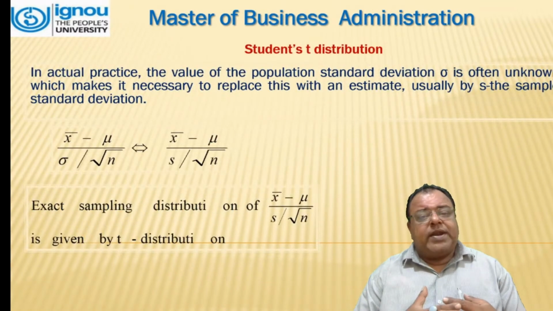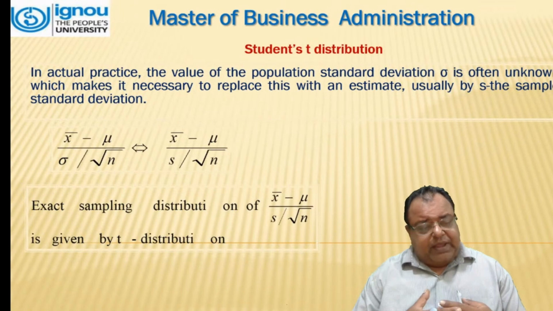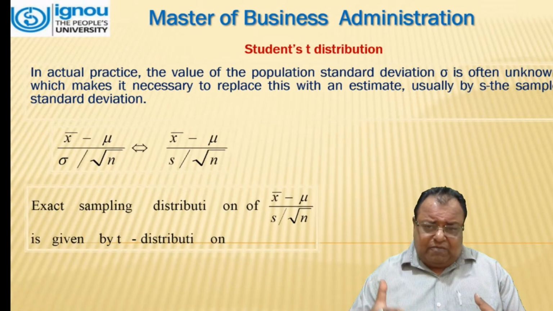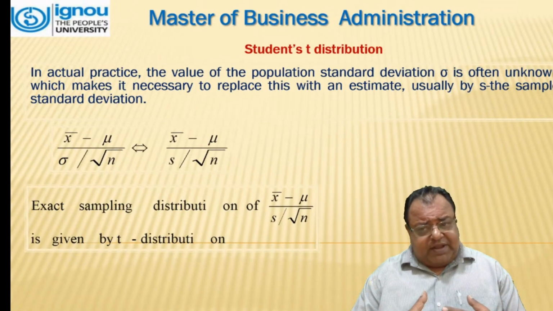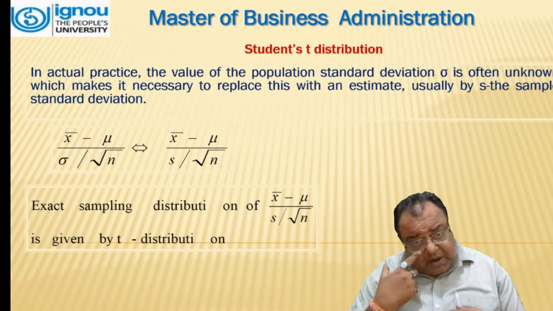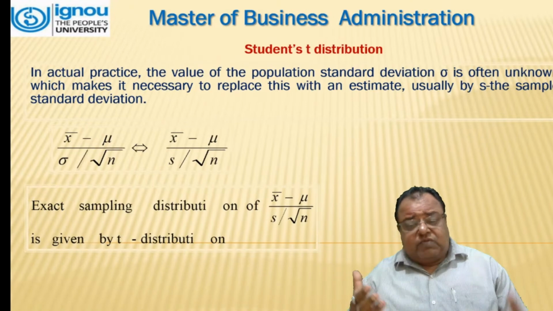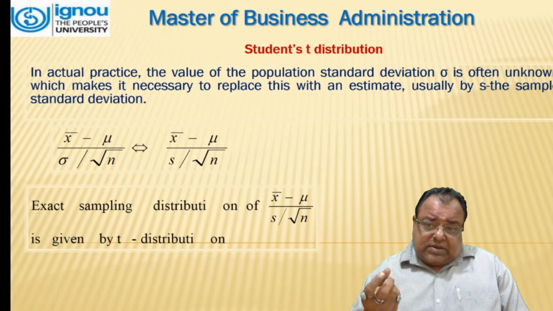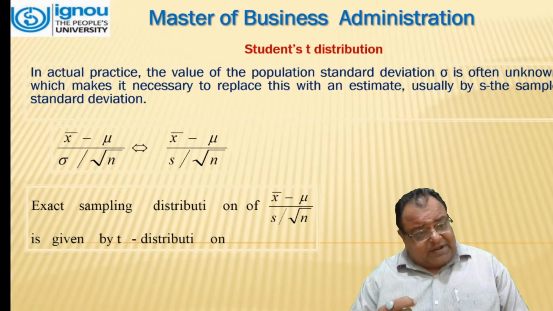Now, Student's t distribution. In actual practice, the value of the population standard deviation sigma is often unknown, which makes it necessary to replace it with an estimate, usually S, the sample standard deviation.